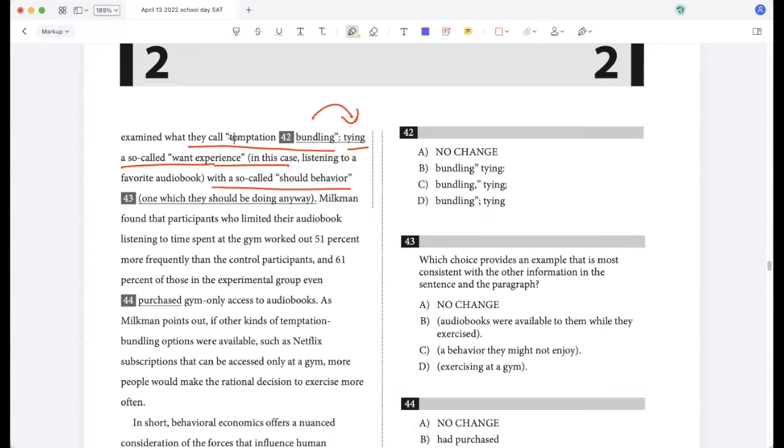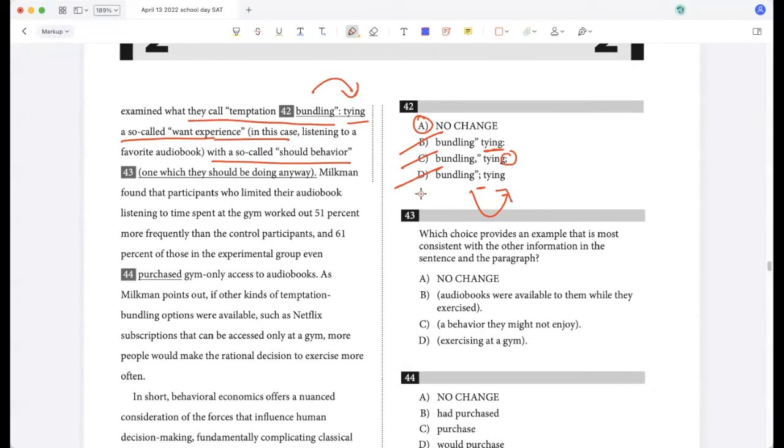Also because the part before the colon is a complete sentence, so I like A. This "tying" cannot come before the colon because that's part of the definition. This semicolon is wrong and this comma is also wrong. And this semicolon doesn't make sense because I'm explaining what temptation bundling is.